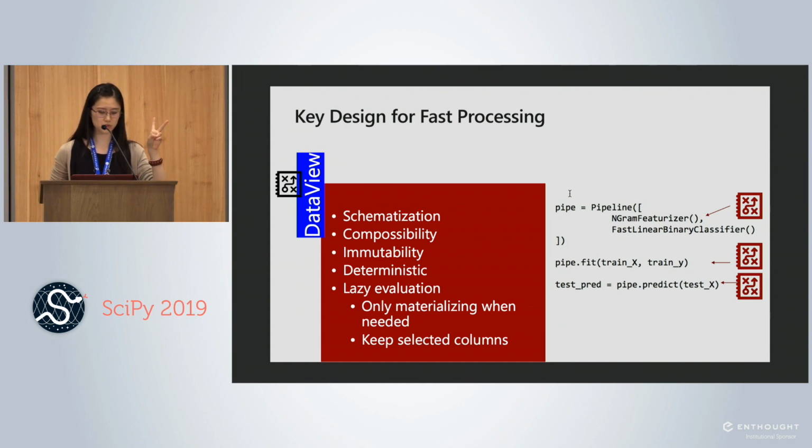The first one is we use DataView. It is a very important concept in databases. I'm not so familiar with that, but the key thing I want to emphasize is that we are not actually passing every piece of information in memory between the learners, between the transformers, or between the fit and .NET.